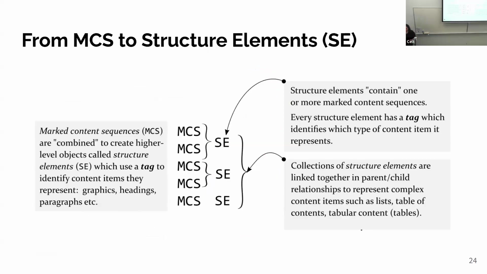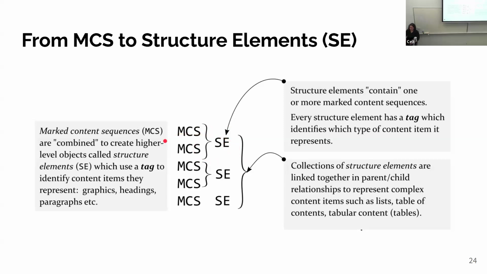So this is very low-level machine stuff, right? These marked content sequences are then combined to create higher-level objects, which are the structure elements. These are what we call the tags, or they use the tags to identify the content items they represent.